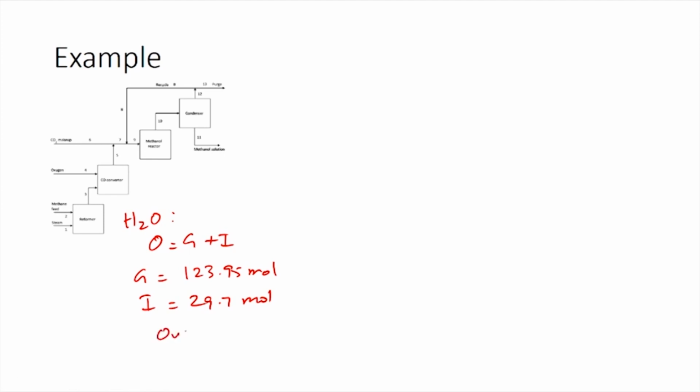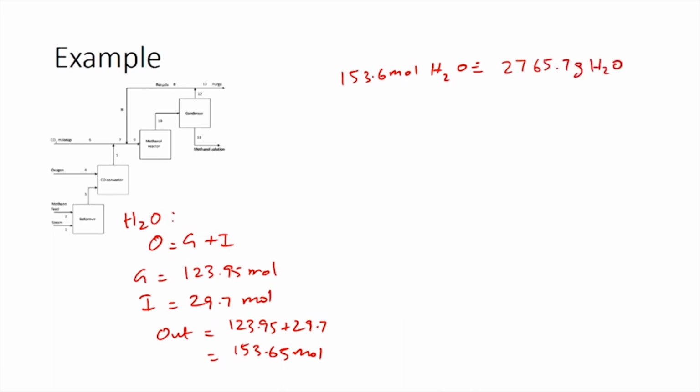This means our output for water in stream 11 would be 123.95 plus 29.7, giving you a value of 153.65 moles. So, 153.65 moles of water is equivalent to 2765.7 grams of water. So, the total stream 11 mass would be 6.7321 kilograms.